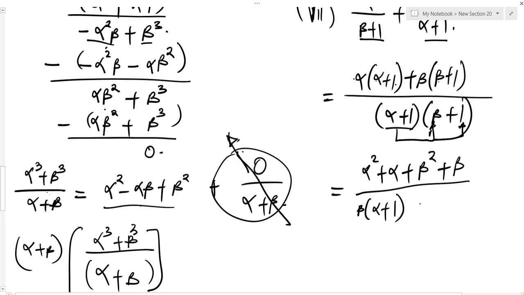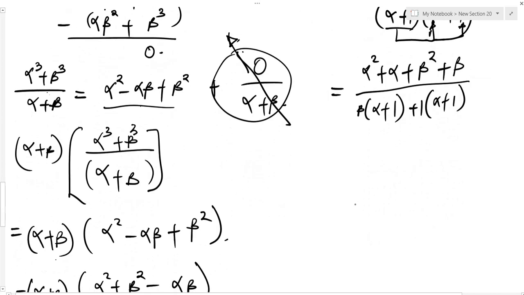Then the next one is plus 1 times alpha plus 1. Now expanding this, let me rearrange the numerator, which will be alpha square plus beta square plus alpha plus beta, divide by this one.